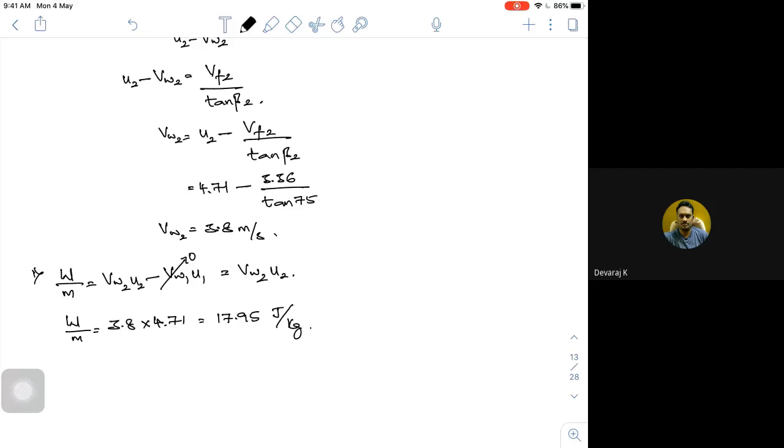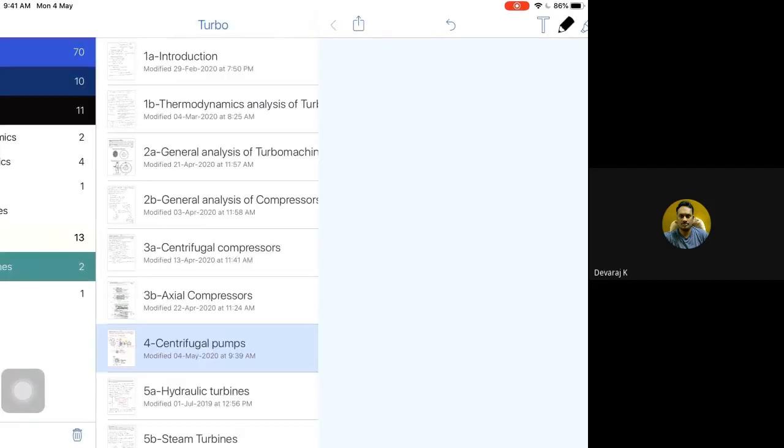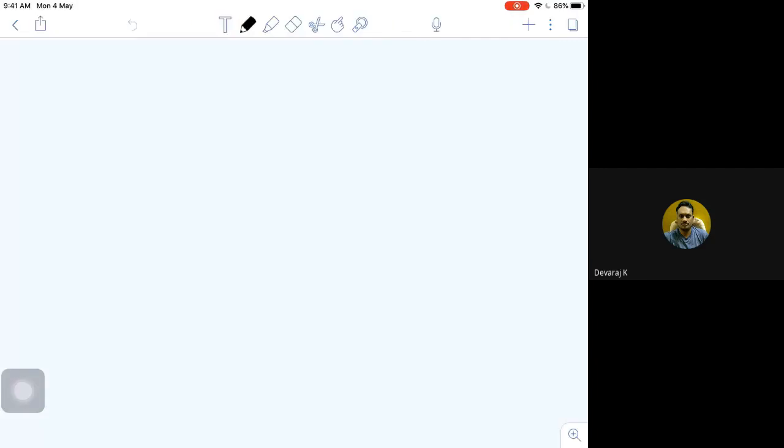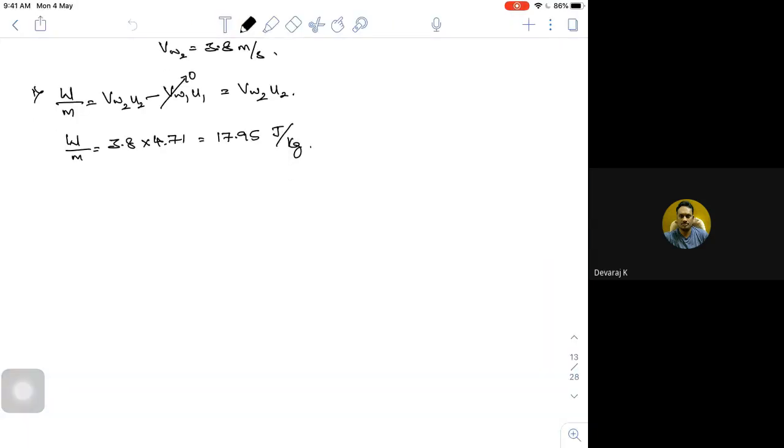Okay, next, what else we are supposed to find? Next we are supposed to find the discharge, that is your Q. So what is the formula to find the Q? We have seen.